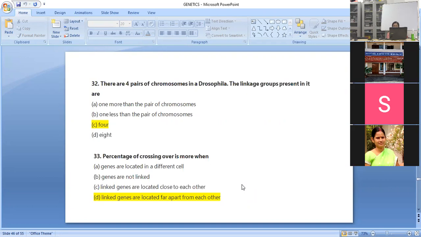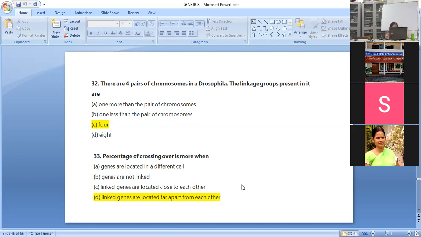A linkage group is all the genes that are present on one chromosome. So the linkage groups will be equal to the number of pairs of chromosomes that are there. If we have 4 pairs of chromosomes, the linkage groups will also be 4.